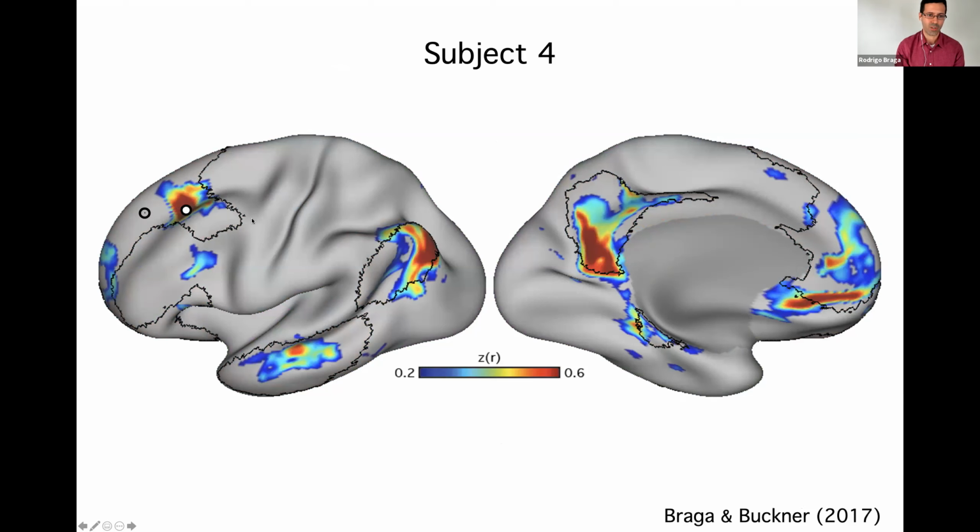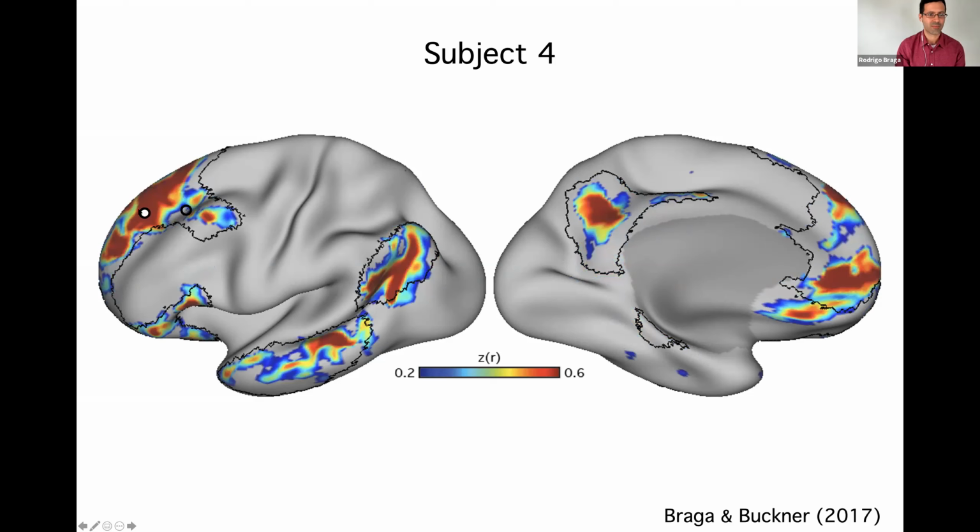What you can hopefully see is that the high correlation regions are, generally speaking, within the bounds of the default network. So we think we have the default network here. Now, if I show you the map from the other seed, this seed also produces a correlated network that is within the bounds of the default network.